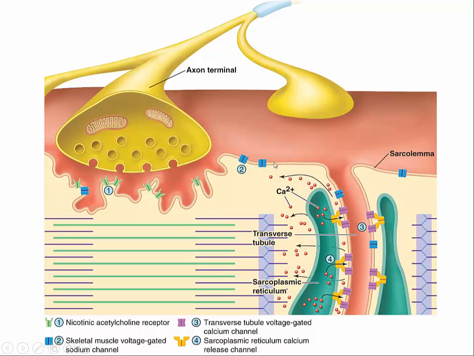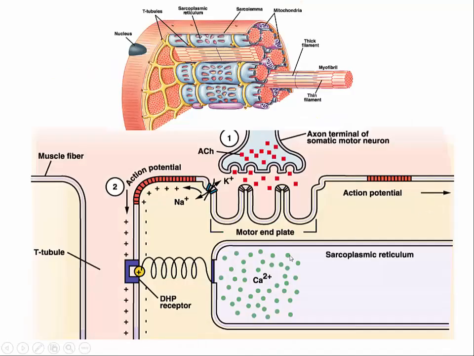The action potential ceases to go down the sarcolemma, it ceases to go down through the T-tubule, and then the change in voltage back to the resting membrane potential causes these dihydropyridine receptors to change shape back to their normal shape, which is then going to close a calcium release channel.